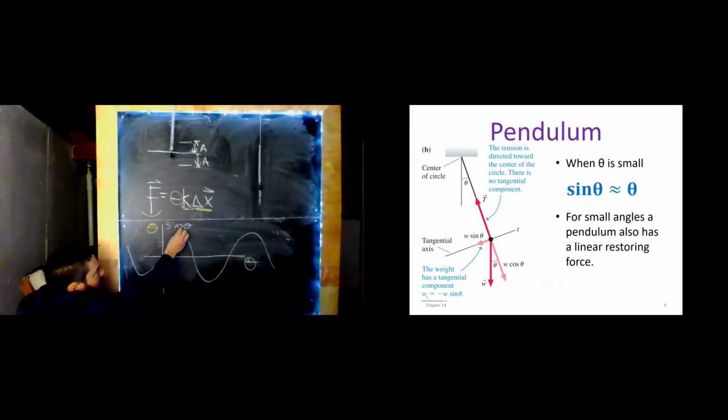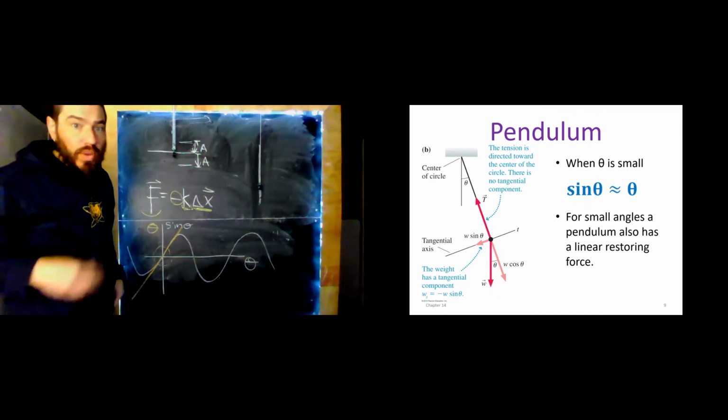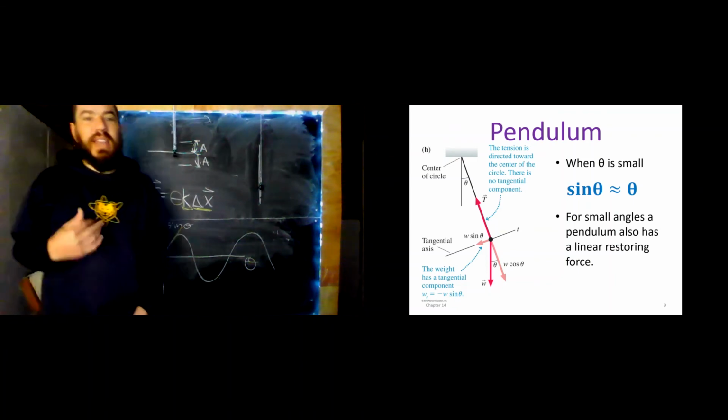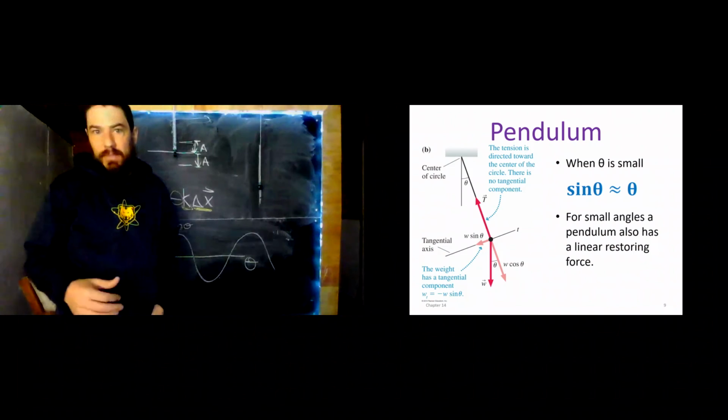And so it would just look like this. Notice if we were to zoom in on this region right here, the graph of theta and the graph of sine theta really overlap. And so this is the small angle approximation. When theta is small, sine theta is almost the same as theta.